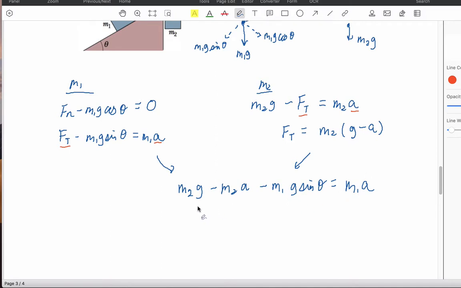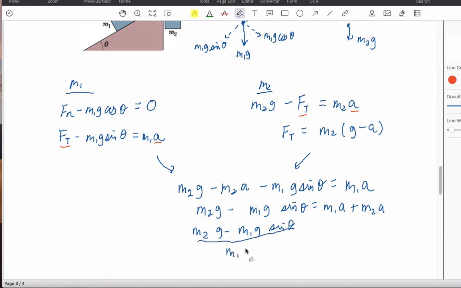I'm going to actually isolate a. m2g minus m1g sine theta equals m1 times a plus m2 times a. I brought m2a over to each side. So then we have m2g minus m1g sine theta over m1 plus m2 is in fact our acceleration.